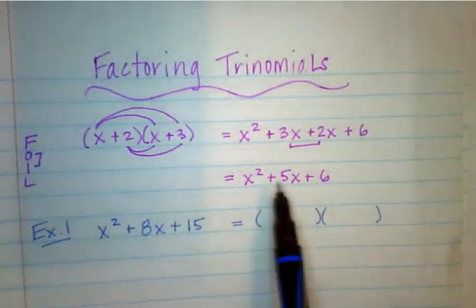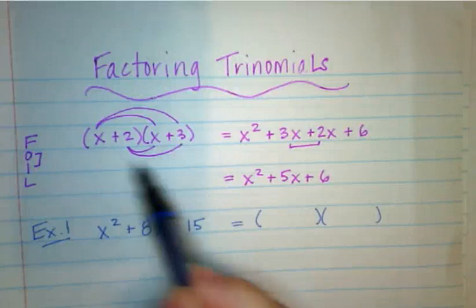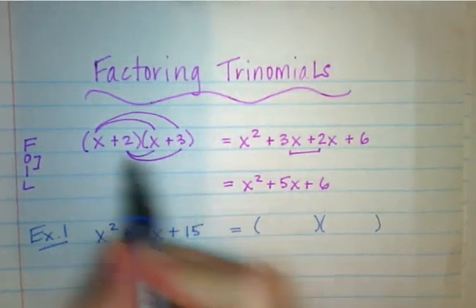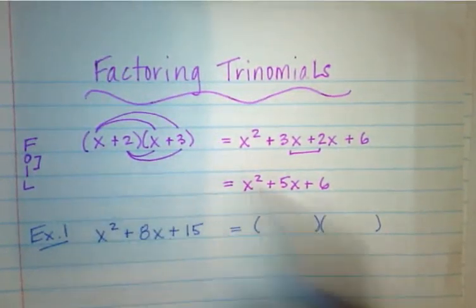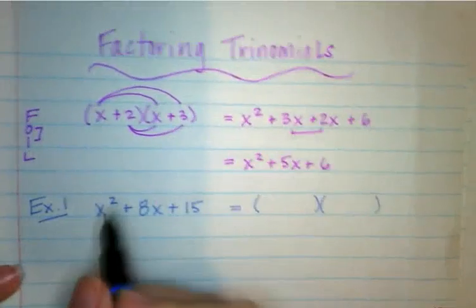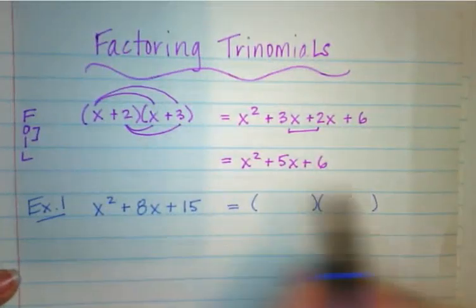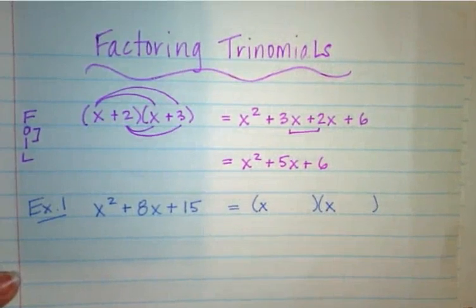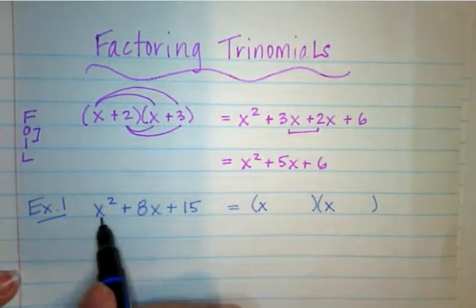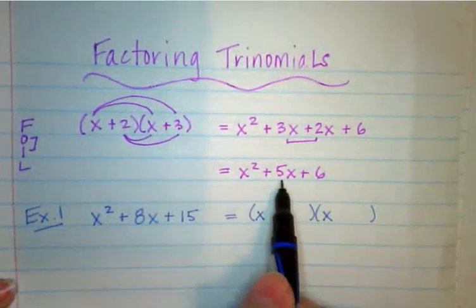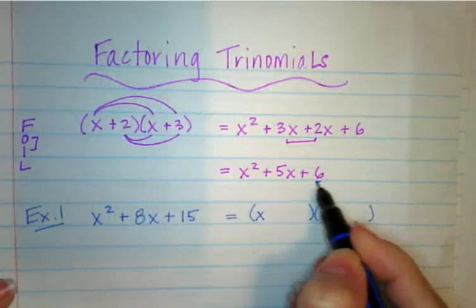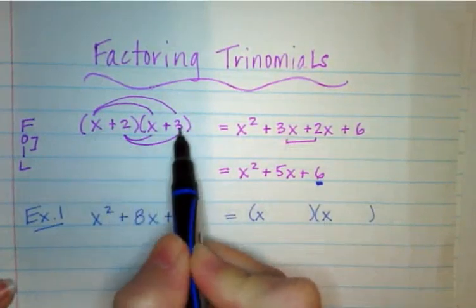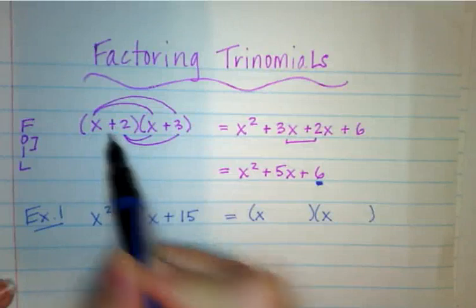Alright, so when I go back up here and I look at what I started with and what I ended with, I notice that the x squared came from the two x's at the beginning. So just like on here with x squared, I'm going to need two x's at the beginning in order to get that x squared. But now when I look at my numbers, I see that this came from multiplying the 2 times the 3.